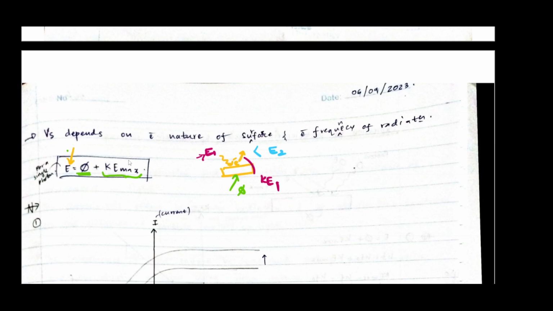Kinetic energy 1 is less than kinetic energy 2. Reason: the same amount of energy from E1 is used for the work function and the same amount of energy from E2 will be used for the work function. Whatever remains becomes the kinetic energy.